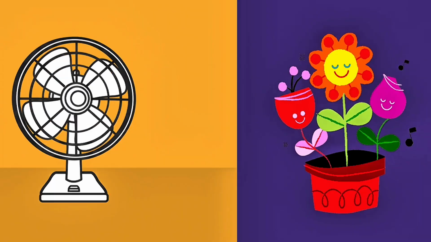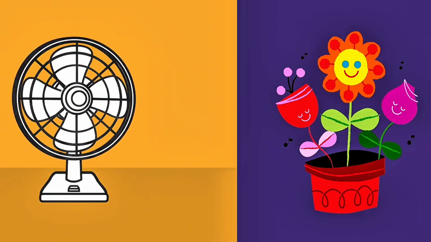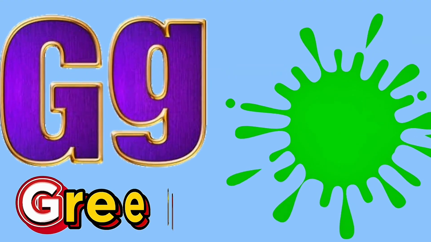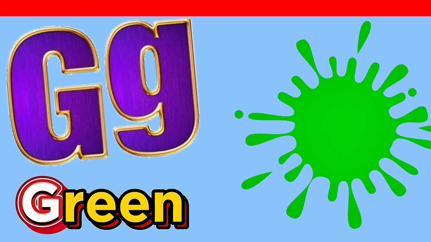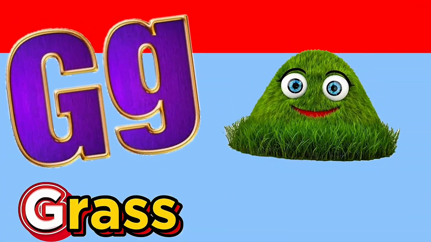F is for fan. F is for flower. G is for green. G is for grass. G is for green. G is for grass.